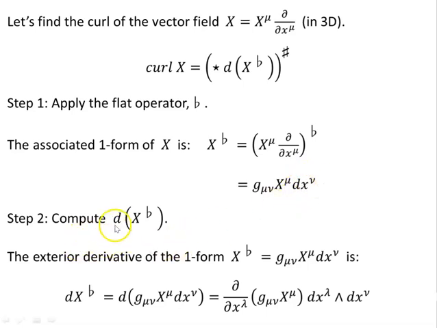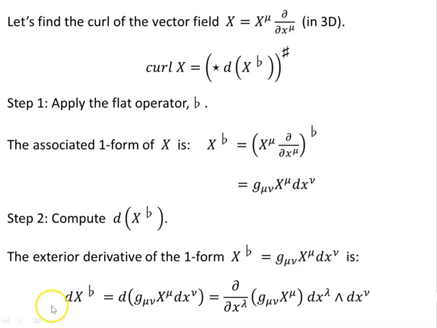Okay, step 2, compute the exterior derivative of our associated 1 form. So the exterior derivative of the 1 form X flat is this. Our 1 form is this object here.